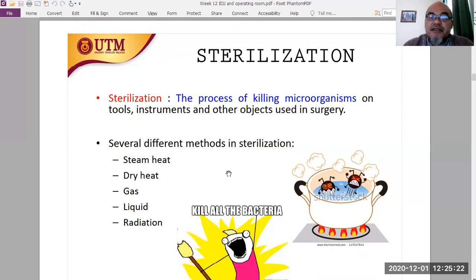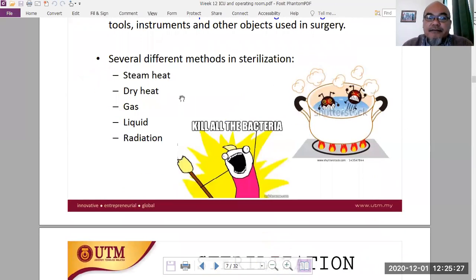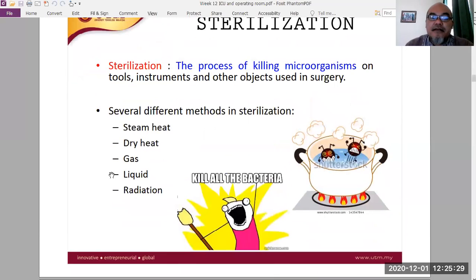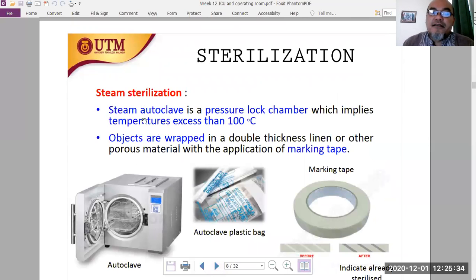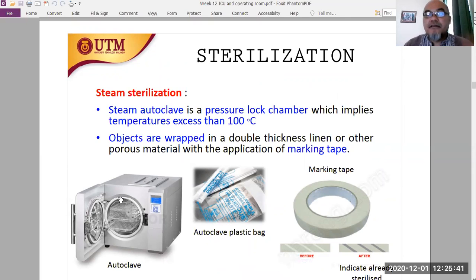Several different methods of sterilization include using steam heat, dry heat, gas, liquid, or radiation. Steam sterilization uses an autoclave like this, a steam autoclave. We also have one in our lab, but more for sterilizing waste before we throw it away, waste that may come from pipette tips, etc., that may have DNA waste or blood waste.